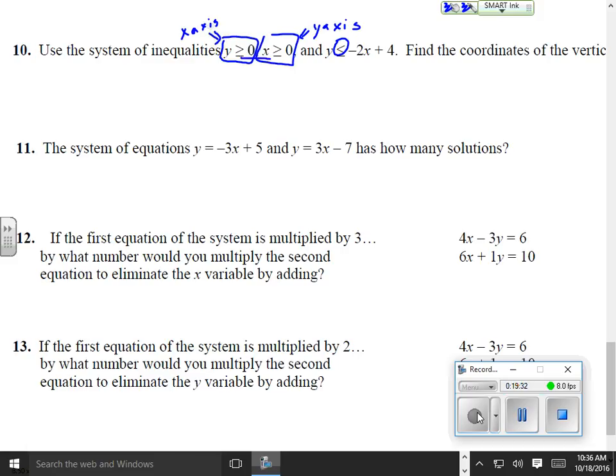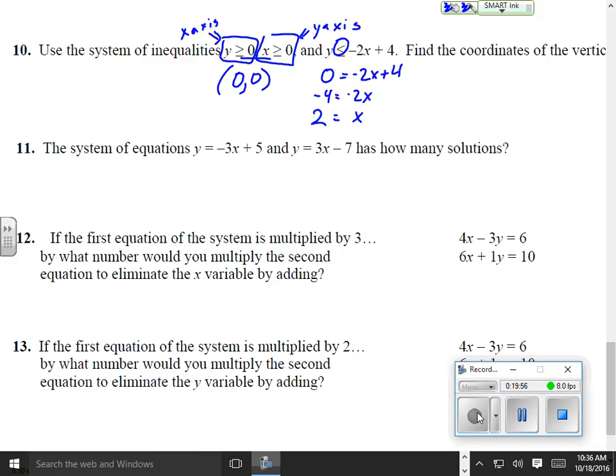So these two, the x-axis and y-axis, intersect at the point 0, 0. So that's one corner. And then if you put 0 in for y, subtract 4 from both sides, divide by negative 2.